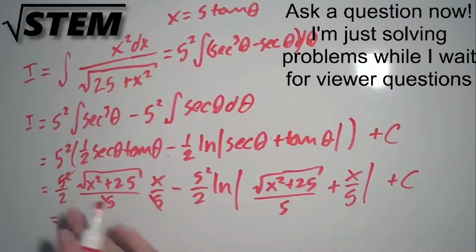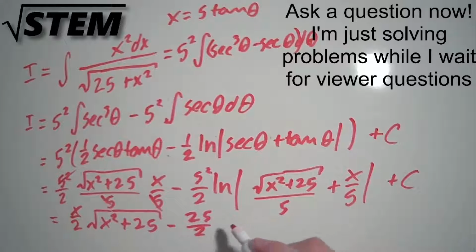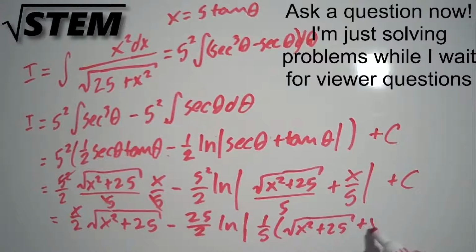Actually, let's say it's x over 2 times the square root of x squared plus 25 minus 25 over 2 times the natural log of, just because I'm pressed for vertical space, I'll go ahead and say it's a 1/5 times the square root of x squared plus 25 plus x, plus c.